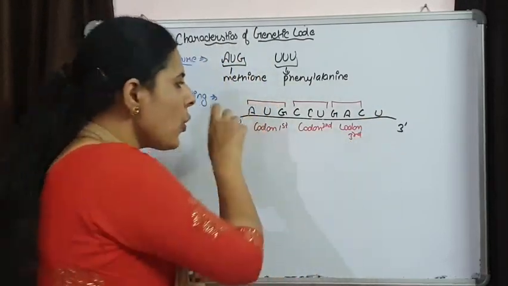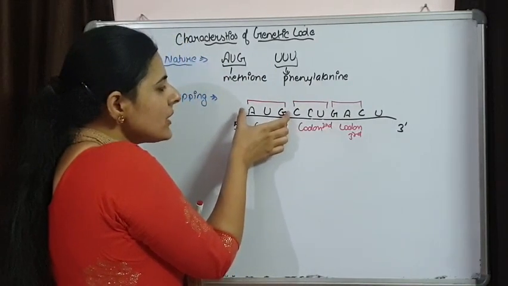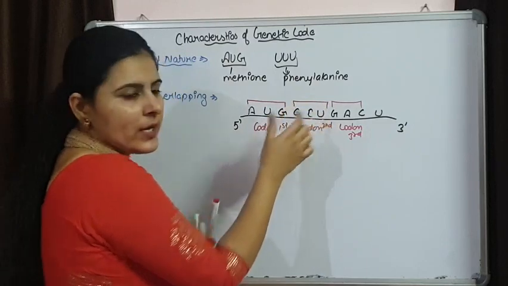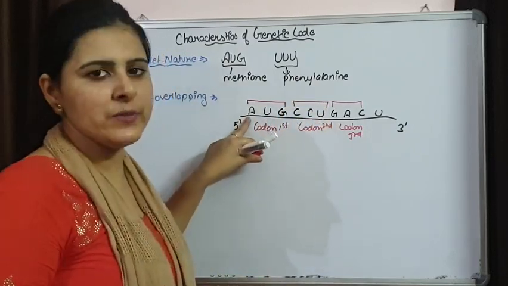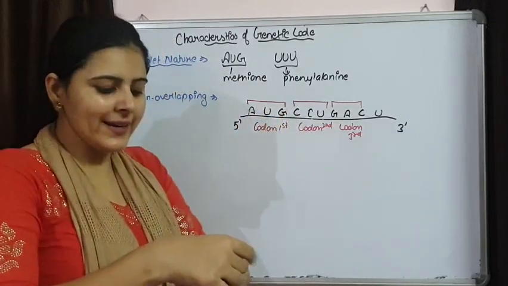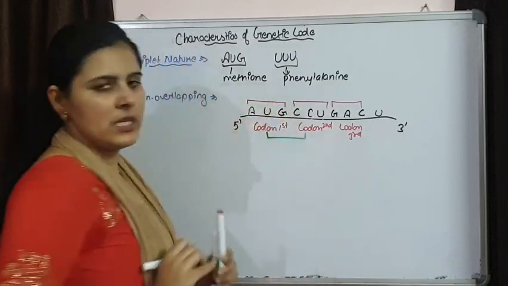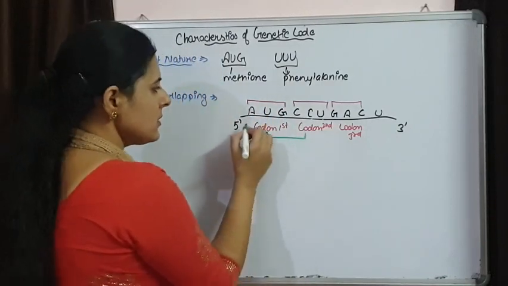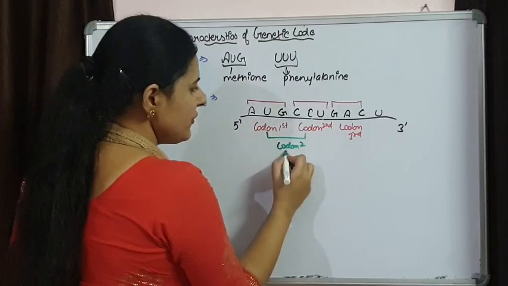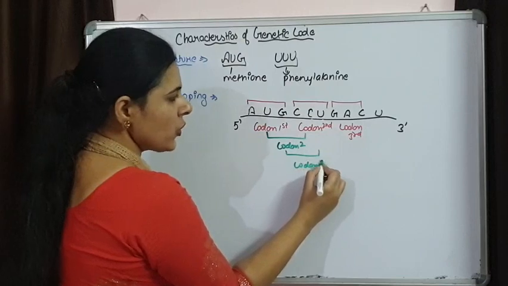So this is not overlapping. That means no nucleotide of this codon will be read together with the next one. Say if I am showing an overlapping structure, this AUG was read, again the second codon was GUC. This is codon 1, codon 2. Again G will be read with CC, GCC will be codon 3.